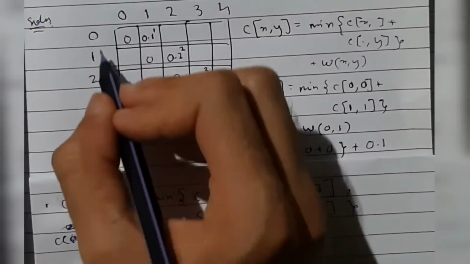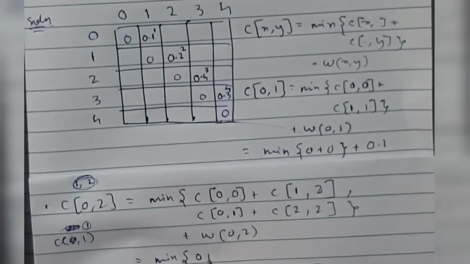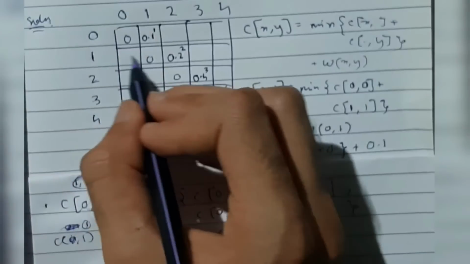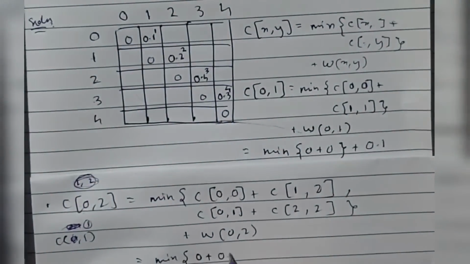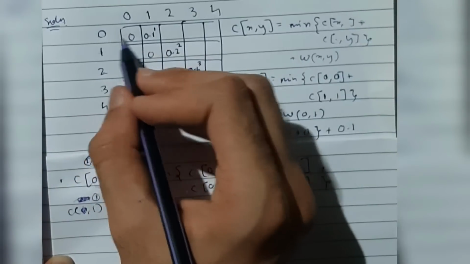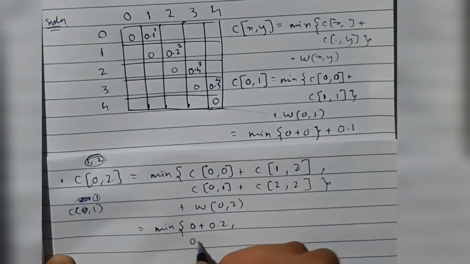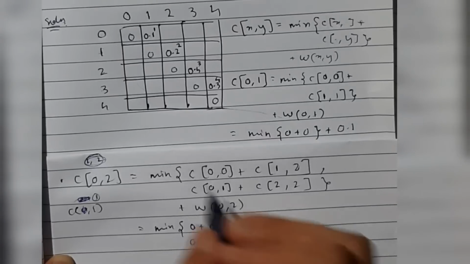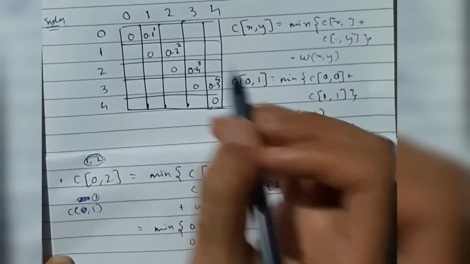What is C of 0 and 0? It's 0 plus C of 1 and 2, which is 0.2, comma C of 0 comma 1, it's 0.1 plus C of 2 and 2, which is 0.